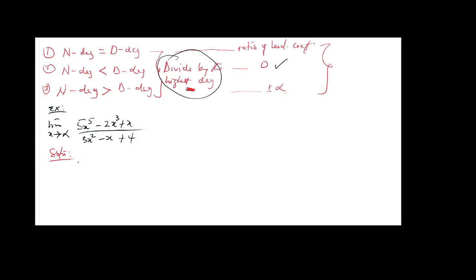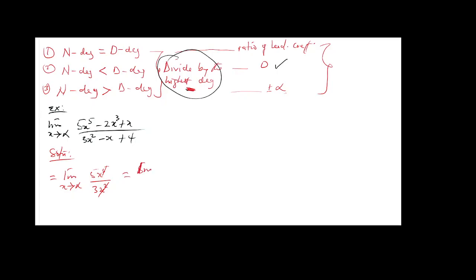The same method, the first rule: disregard other terms except the term with the highest degree. On both sides, we have the limit as x approaches infinity of 5x to the power of 5 all over 3x squared. This is what we have left. And x squared here will cancel out x squared from here. We have x cubed left. So in the end, what we have left will be 5x cubed, right?